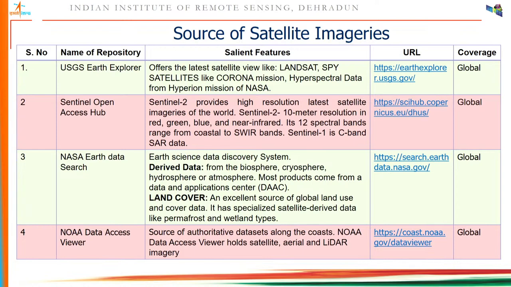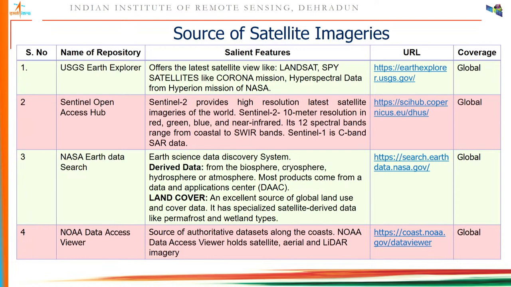It has specialized satellite derived data like permafrost and wetland types for the entire globe. They provide this kind of information to their users. And this is the URL of their website. At a global level, you can get data from this repository, and you can download data as physical data, and they also offer web services for these data sets to their users.